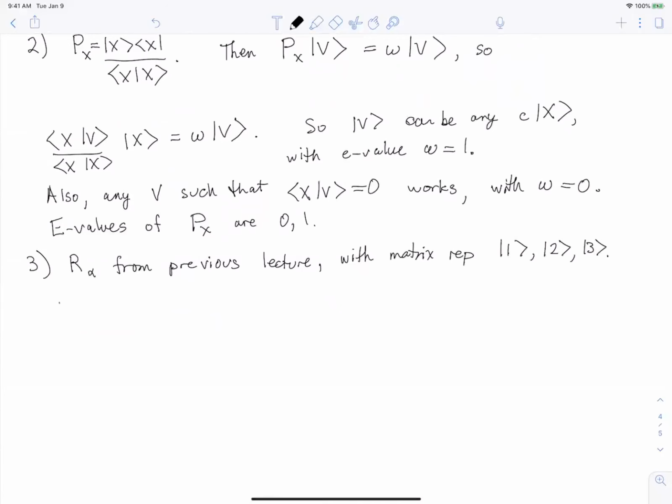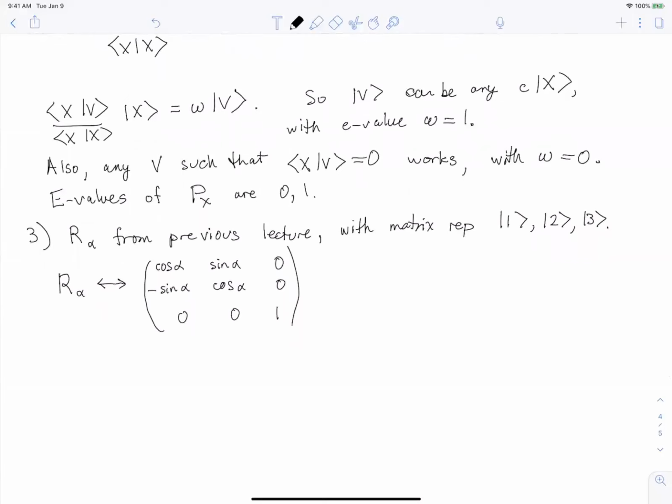And so for the matrix representation of R sub alpha, I'm going to write a double arrow, meaning the representation of the operator R sub alpha is given by this matrix. And it was cosine alpha, sine alpha, 0; minus sine alpha, cosine alpha, 0; 0, 0, 1. Okay, so that's the matrix representation.